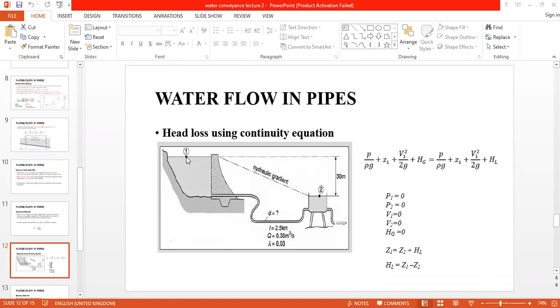At this same point, I've said that my pressure is 0. Then my velocity, because this is a reservoir, water is not moving at this point. So I expect my velocity, my kinetic energy as well, to be 0 at that point.